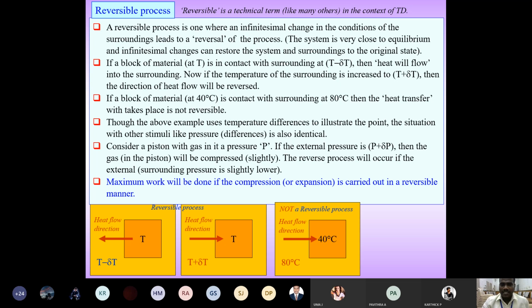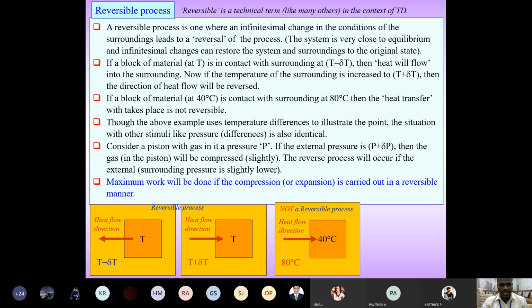So infinitesimal equals quasi-static. We can also have some processes in the reverse manner, and that process is called a reversible process. The system is very close to equilibrium, and infinitesimal changes can restore the system and surroundings to their original state. This is another explanation of the reversible process.